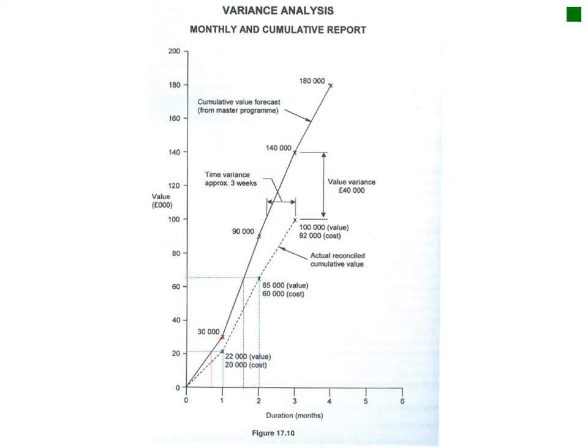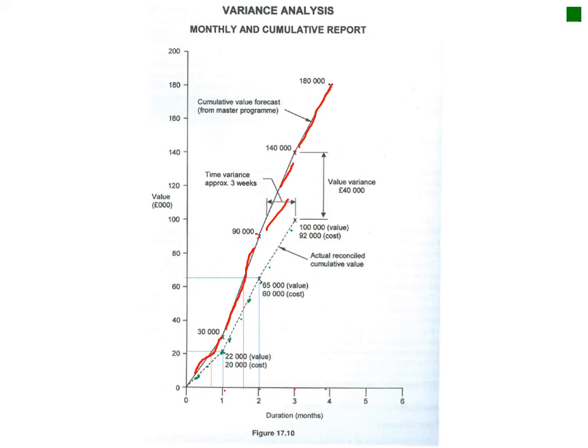Your forecast value is the first graph that you put on. It's your 30, your 90, your 140, and your 180 according to the duration at the bottom. Then you put your actual value in this dotted line here.